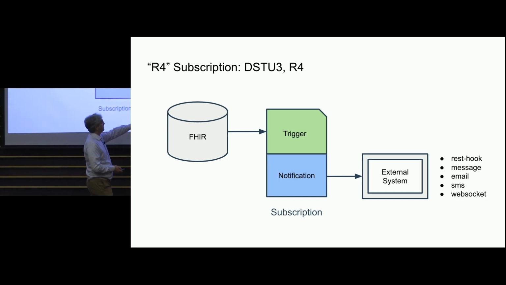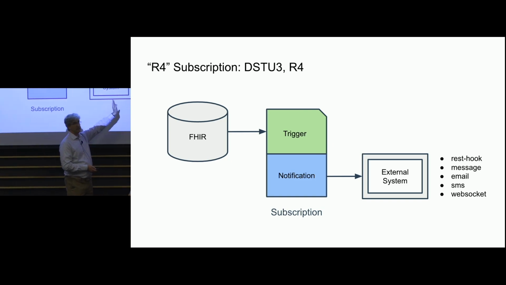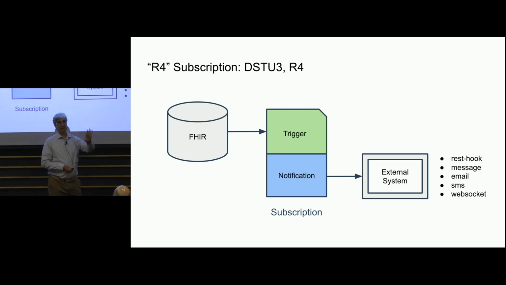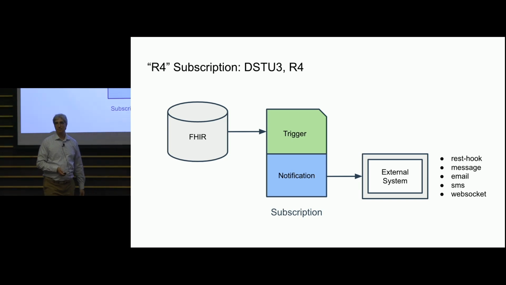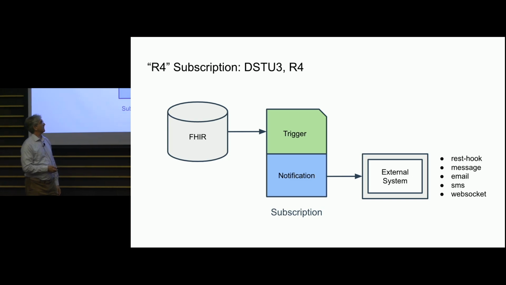In the R4 spec, it makes references to five specific types of common things that you might want to do. You might want to send an email or SMS. By far the most common one is REST hook, which is just send this resource to another FHIR server. The second most common one is message, which we're seeing more and more of nowadays, which is put it on a Kafka topic or an ActiveMQ JMS queue.